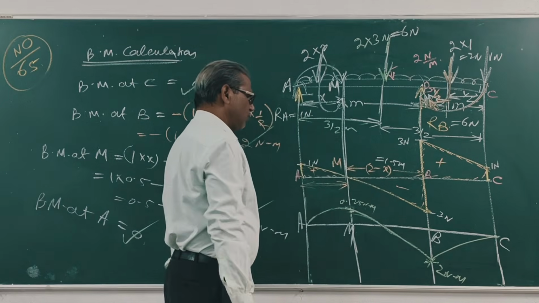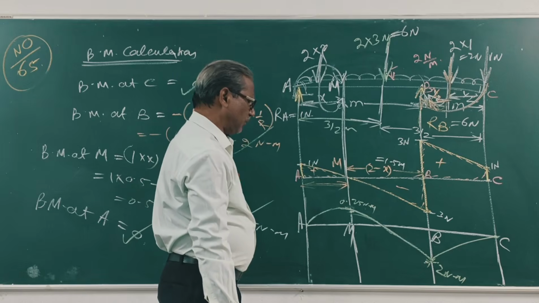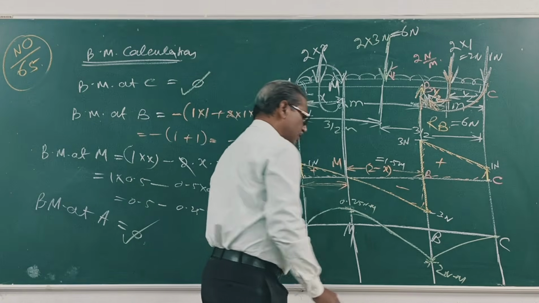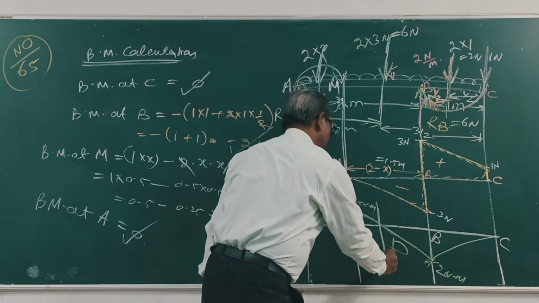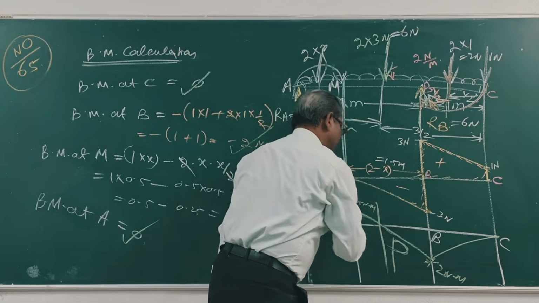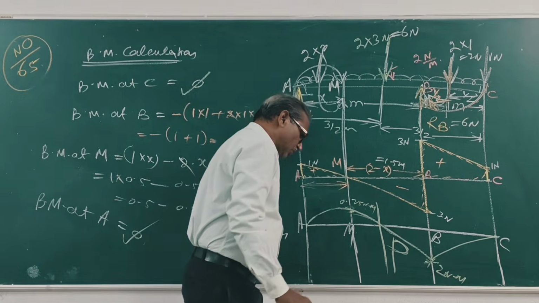Clear? So all are parabolic curves. This is point P. At point P, the BM changes sign from positive to negative. This is positive value.